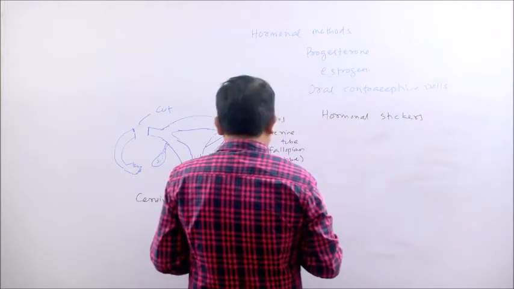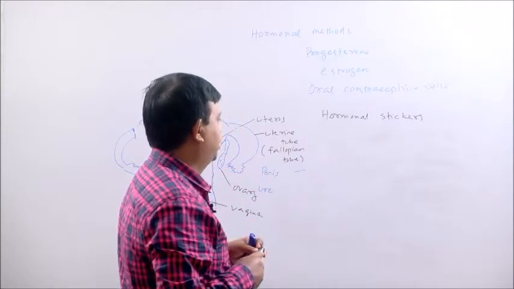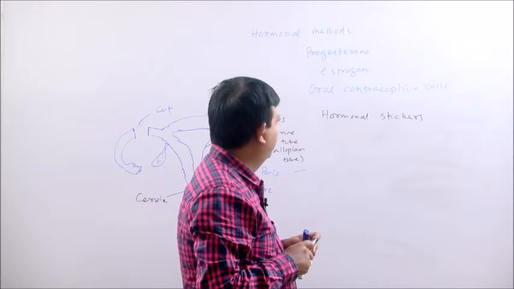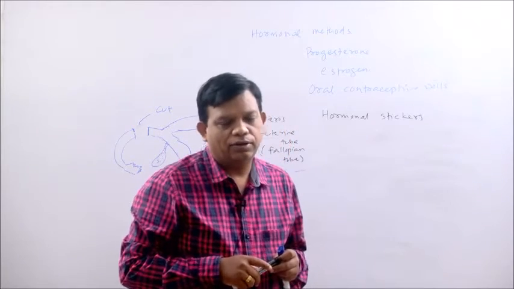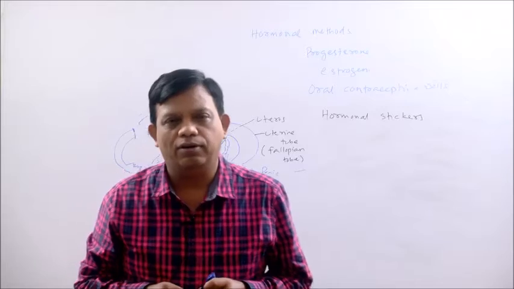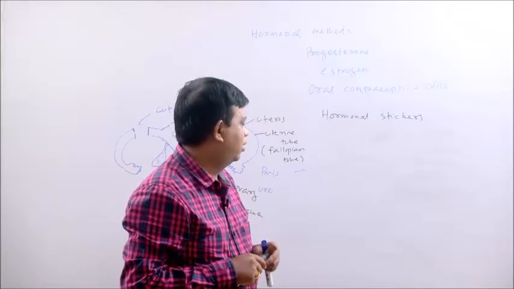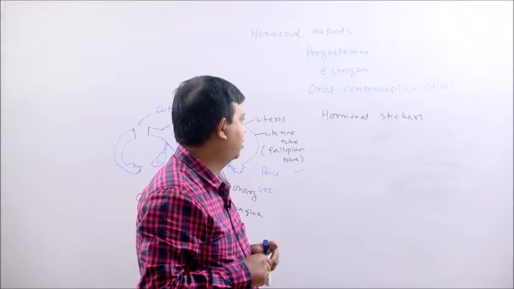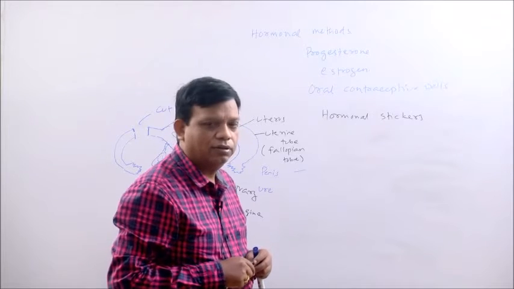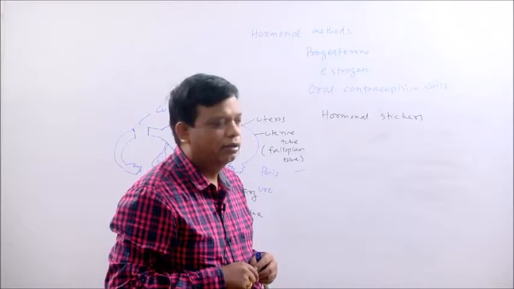They can be in the form of hormonal stickers. These are hormonal stickers. They are small plastic sheets. They can be placed on the skin of arm, buttock, or on the belly.